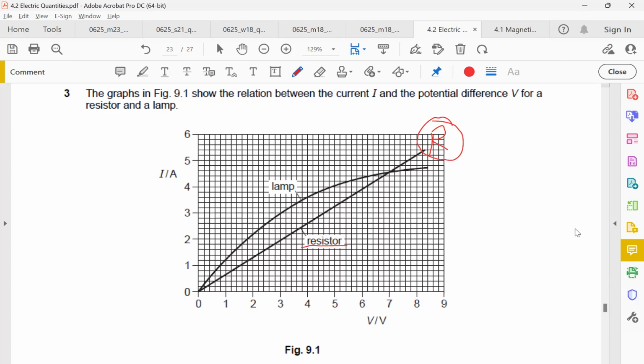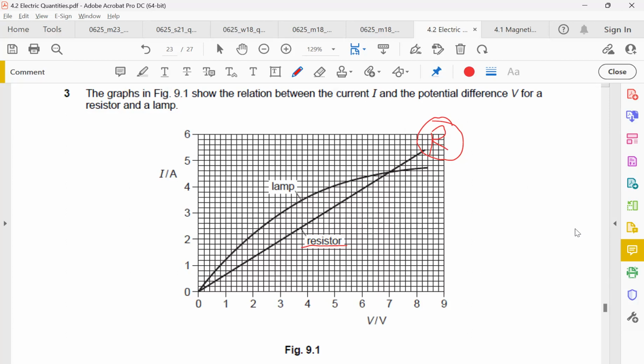Increasing or decreasing resistance for the lamp? Either increase or decrease only.